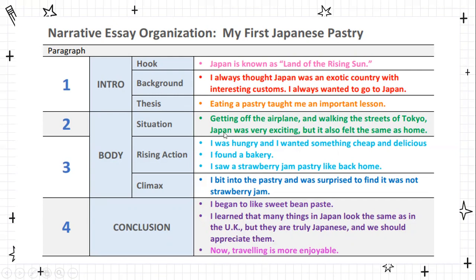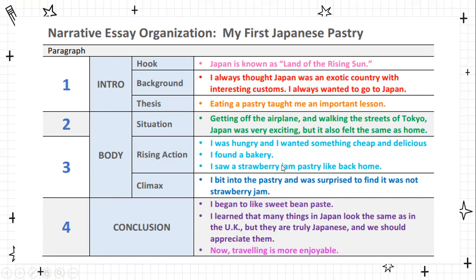Then what's the situation? Getting off the airplane, walking the streets of Tokyo, Japan was very exciting. So the situation, remember, it tells me when and where. It describes to me the situation in which the action will take place, okay? Or will happen. Then the rising action: I was hungry and I wanted something cheap and delicious. I found a bakery.